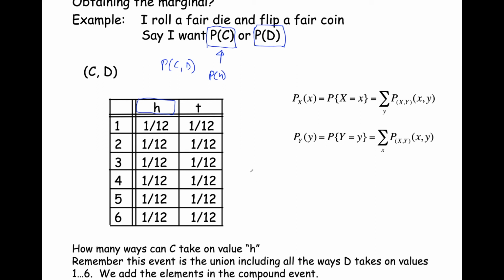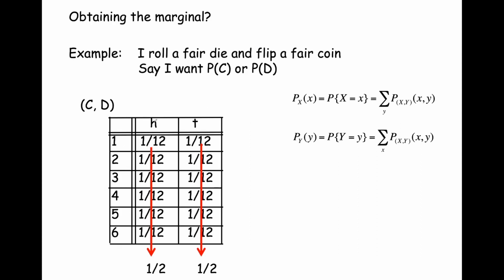Remember that this event is a union consisting of all of the possible ways D, the die, can take on values given a fixed value of H that the random variable C takes on. If random variable C takes on heads, what can D take on? It can take on a 1, 2, 3, 4, 5, or 6. So we add each of those elements in the heads column to calculate the probability that C took on the value of heads.